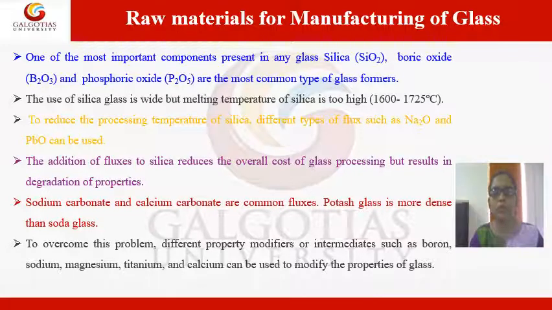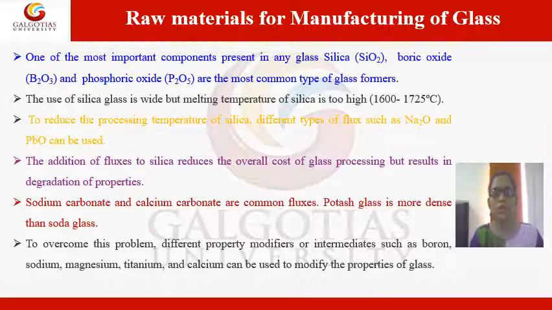To reduce this processing temperature of silica, different types of fluxes such as sodium oxide and lead oxide are used. What is the role of these fluxes? The addition of fluxes to silica reduces the cost of processing of glass, but also results in degradation of the properties of the glass.